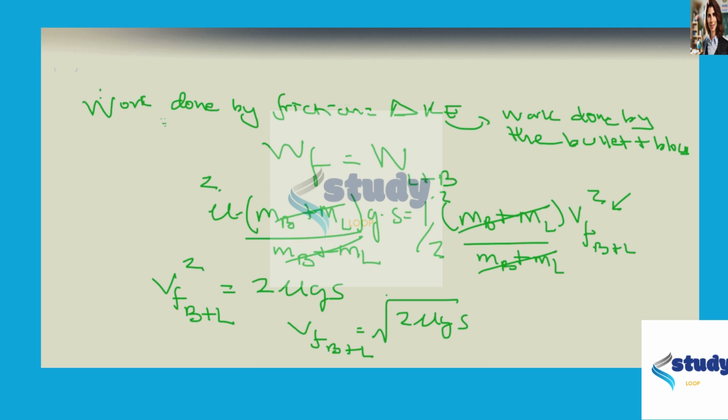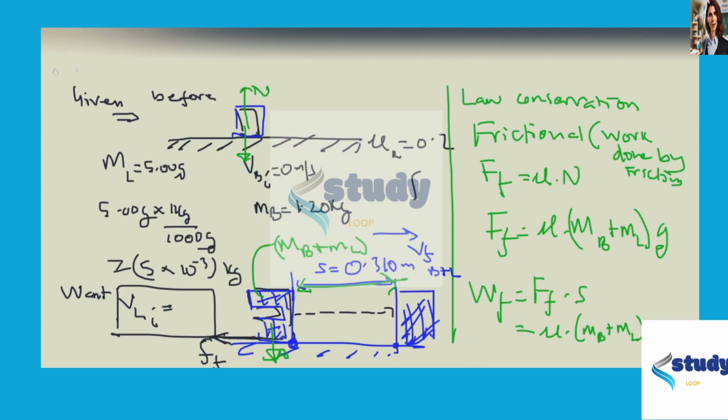So mu 0.2 times 9.8, so this is the square root of 2 times 0.2 times 9.8 times the displacement, which is 0.3, giving 0.10. That's what it is.